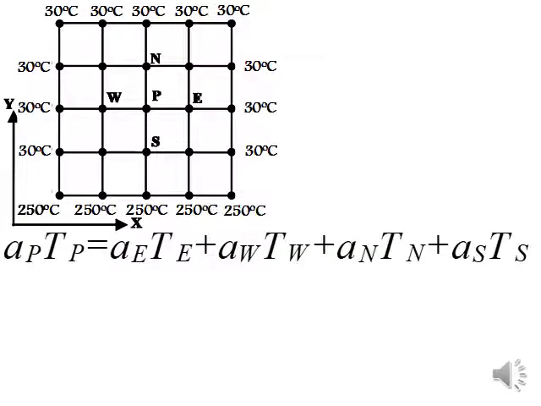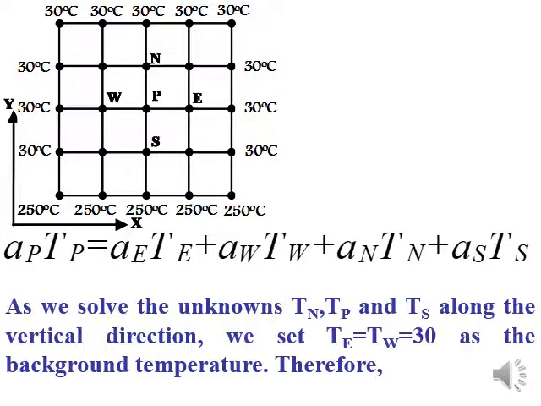So if we write down the equation, it's very nice that we have 5 temperatures to be involved, so that I link each temperature with its neighboring 4 points. So as we have this equation, we will solve the unknowns Tn, Tp and Ts along the vertical direction, and we set Te equal Tw equal 30 as the background temperature.